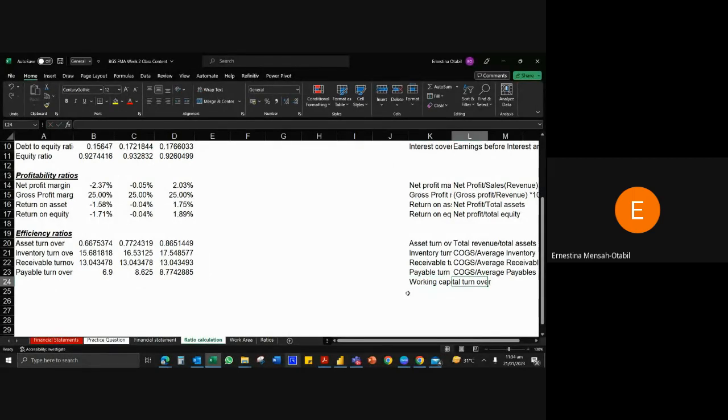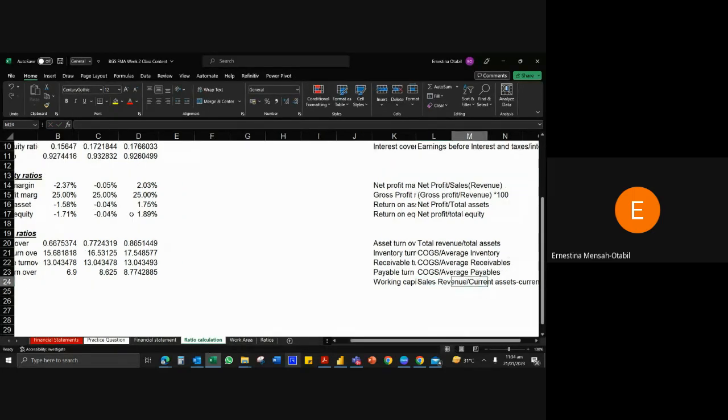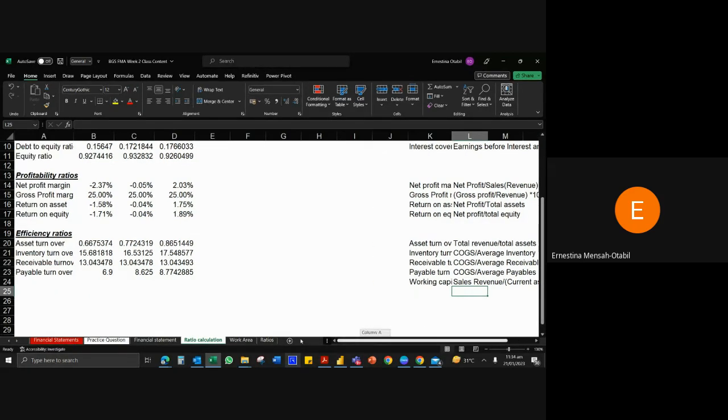It's calculated as sales revenue over current assets minus current liabilities. Let's put the denominator in brackets. Current assets minus current liabilities is equal to working capital.